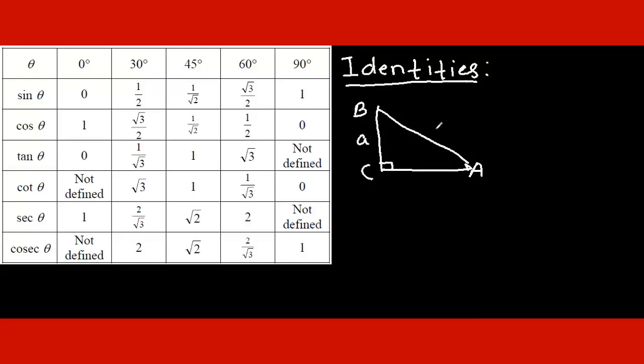BC is small a, AB is small c, and AC is small b. This angle is supposed theta, so this angle will be 90 minus theta.